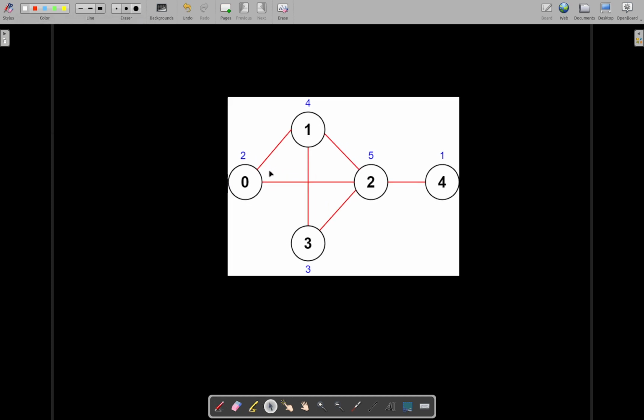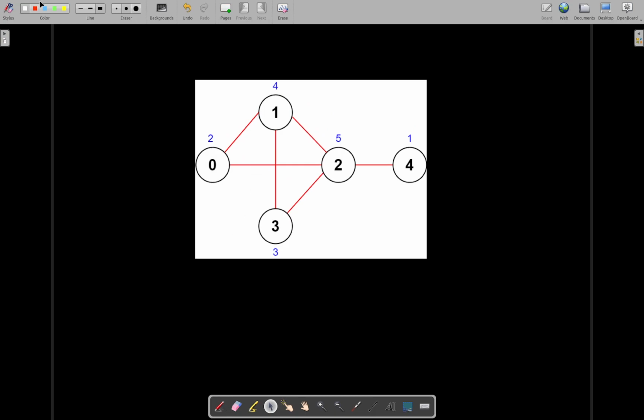If we are focusing on the road between 2 and 4, what is the sum of the values assigned to cities 2 and 4?